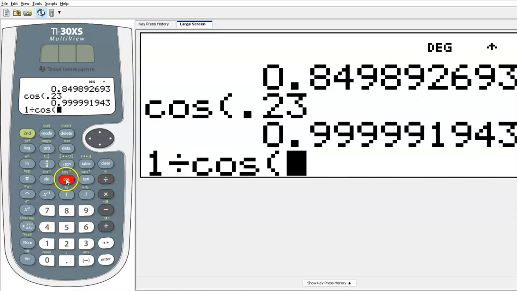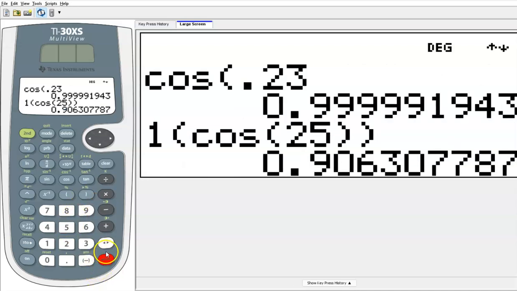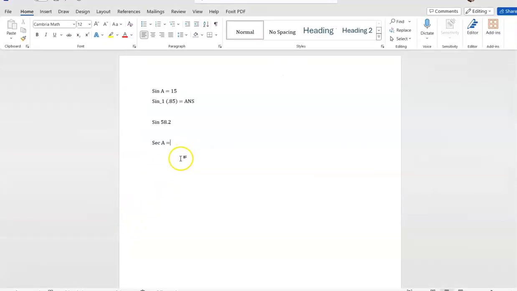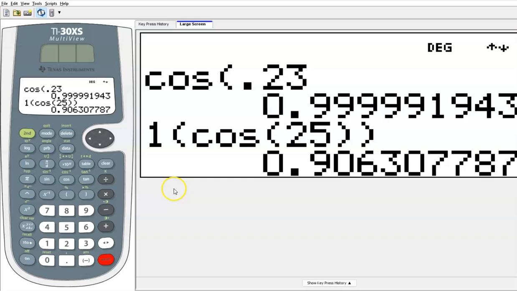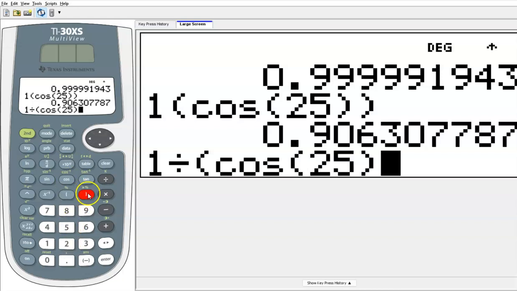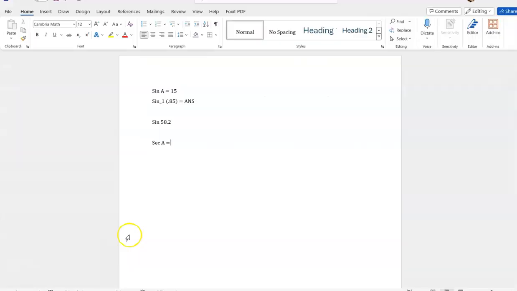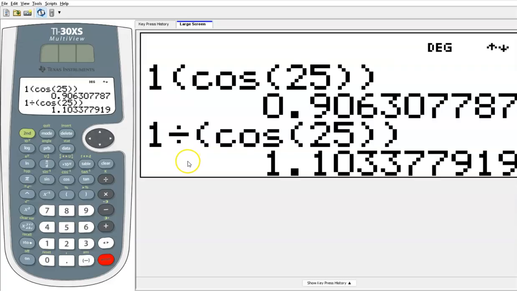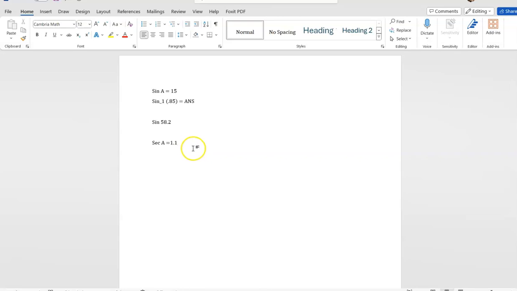Say A equals 1 divided by cosine of 25. You can see the thing. So 1.1, okay?